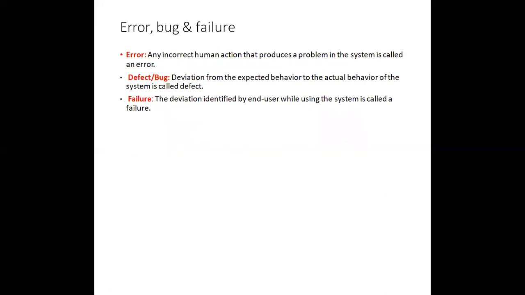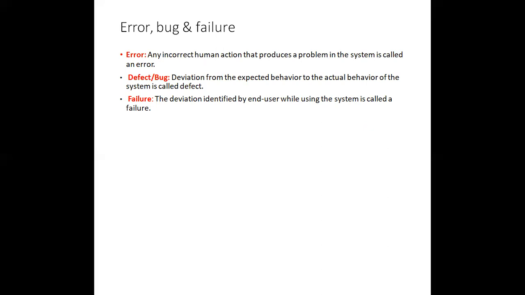Okay, so we have a doubt: error, bug, failure. Shiksha has one doubt, which is what is an error, what is a bug, what is a failure. Error, in the sense, generally everyone is aware of programming, right? C or C++.